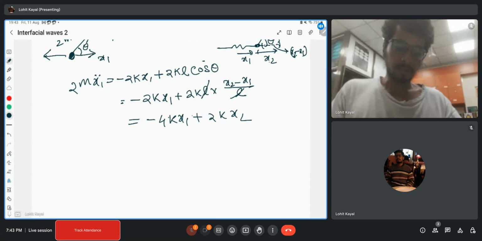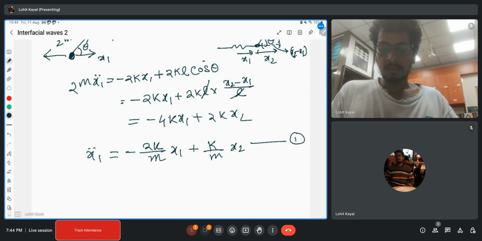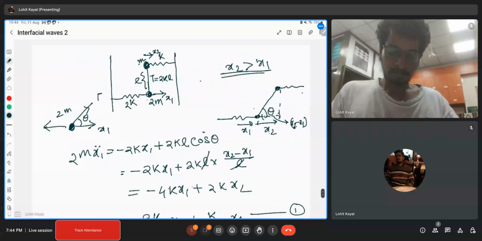Now you divide it by 2m. So x1 double dot will be equal to minus 2k by m x1 plus k by m x2. This is your equation 1.